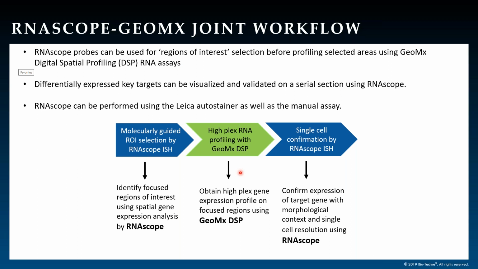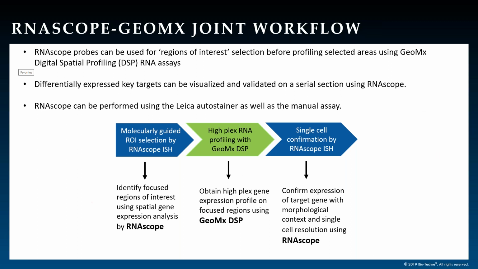Next, I want to briefly touch upon a very interesting collaboration between ACD, Bio-Techne, and NanoString Technologies, where RNAscope is now a part of the GeoMx DSP workflow, where RNAscope is used as a molecular guide to spatially map GeoMx data.